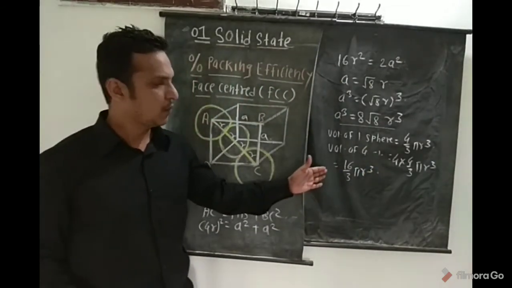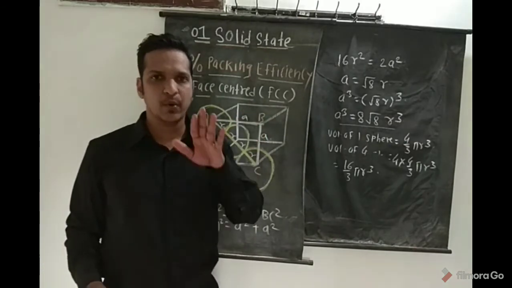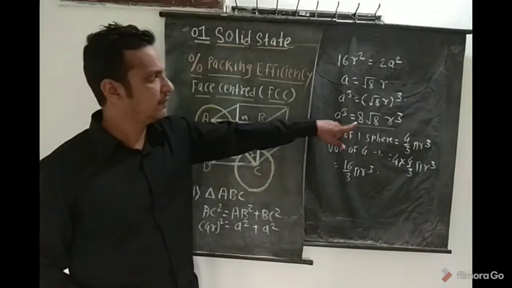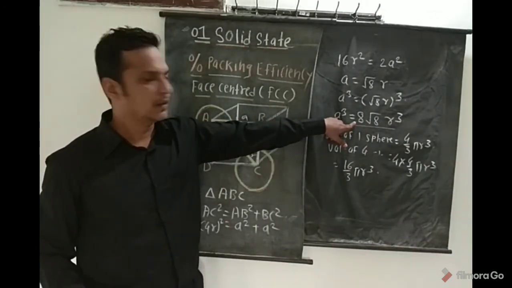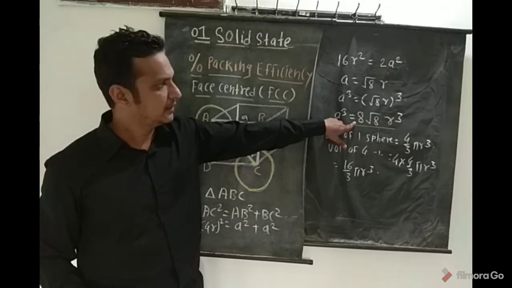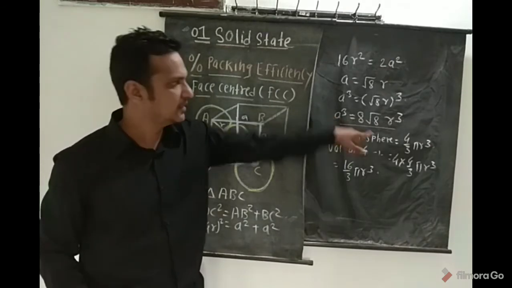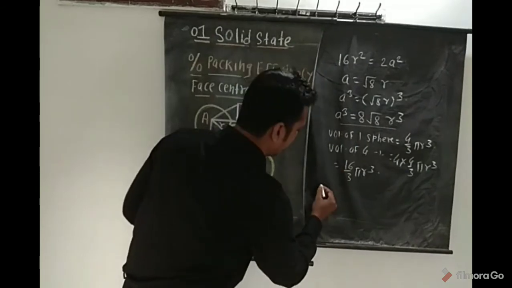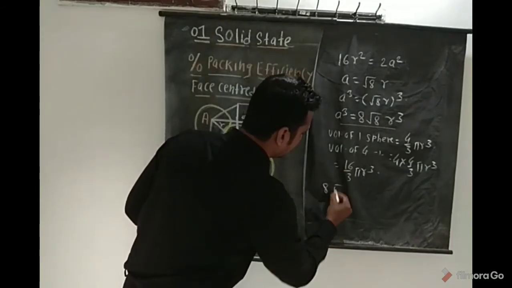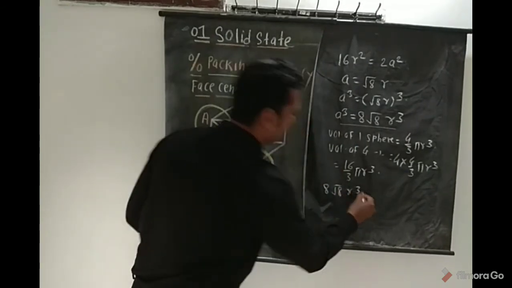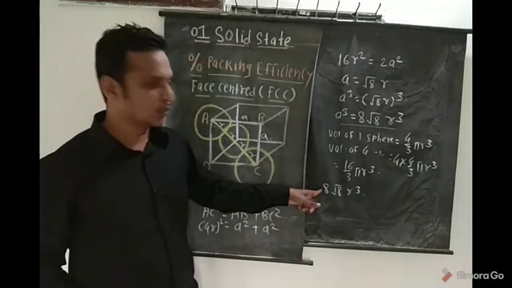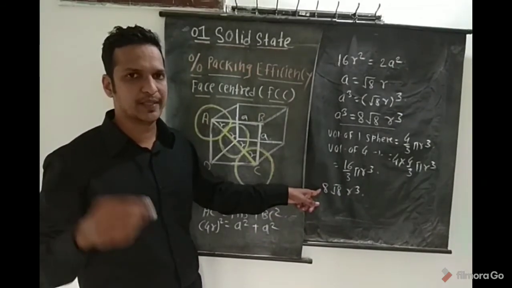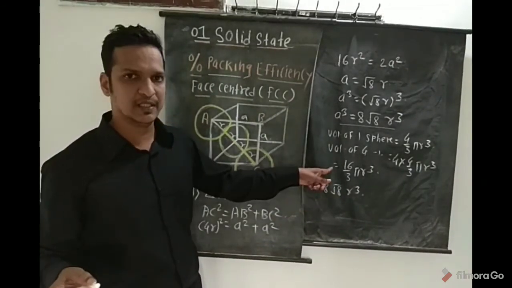So this is the volume occupied by 4 spheres in FCC out of the total volume of unit cell, that is 8 root 8 r cube. Out of the total volume of unit cell, 4 spheres occupy this volume, 16 by 3 pi r cube.